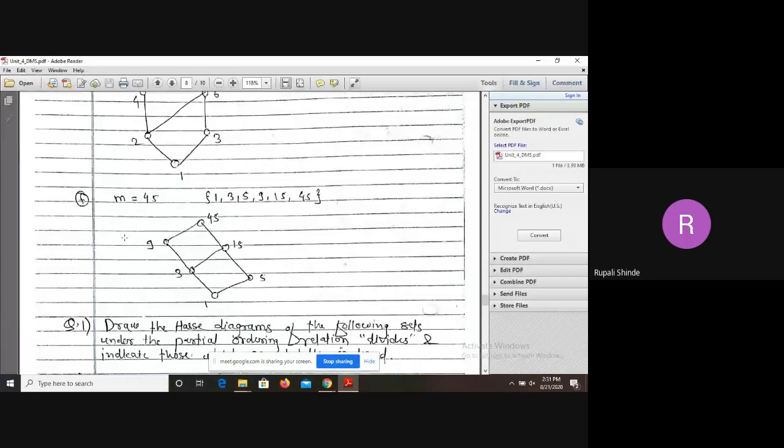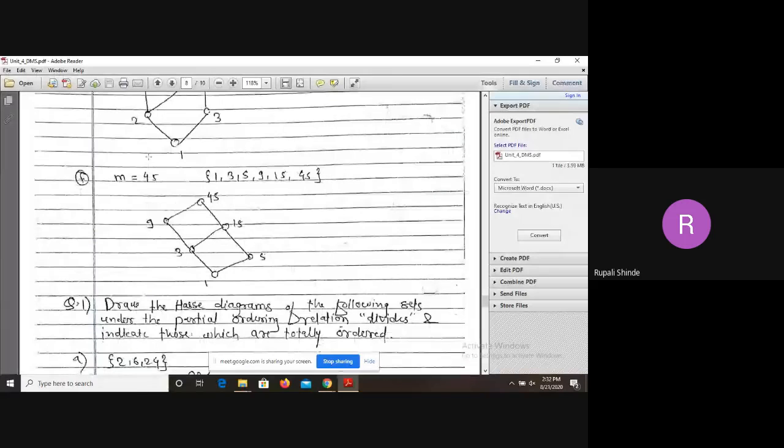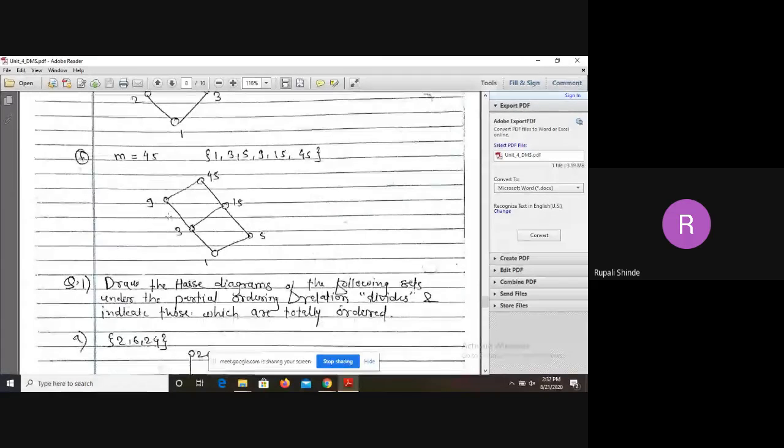That's why that is not correct. Rahul has sent it correctly. Vishakha, yes, that is also correct. 1, 5. Yes, that is correct. So now let us see the next question.